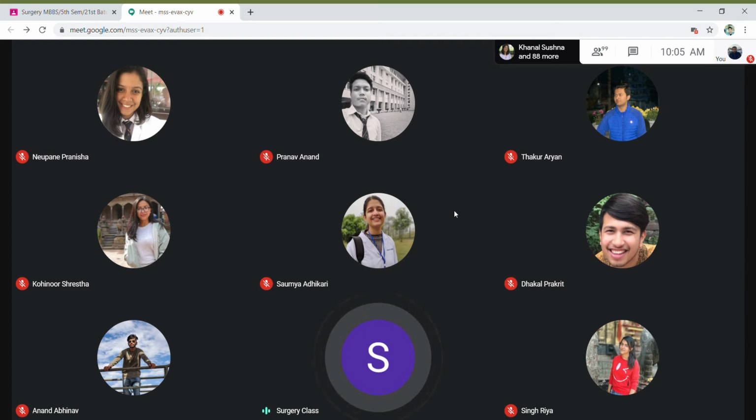And if the stone falls from the common bile duct and gets impacted in the ampulla of Vater. You know what is the ampulla of Vater? It is the common passage that opens into the medial wall of the second part of the duodenum. Common passage from the common bile duct and pancreatic duct.